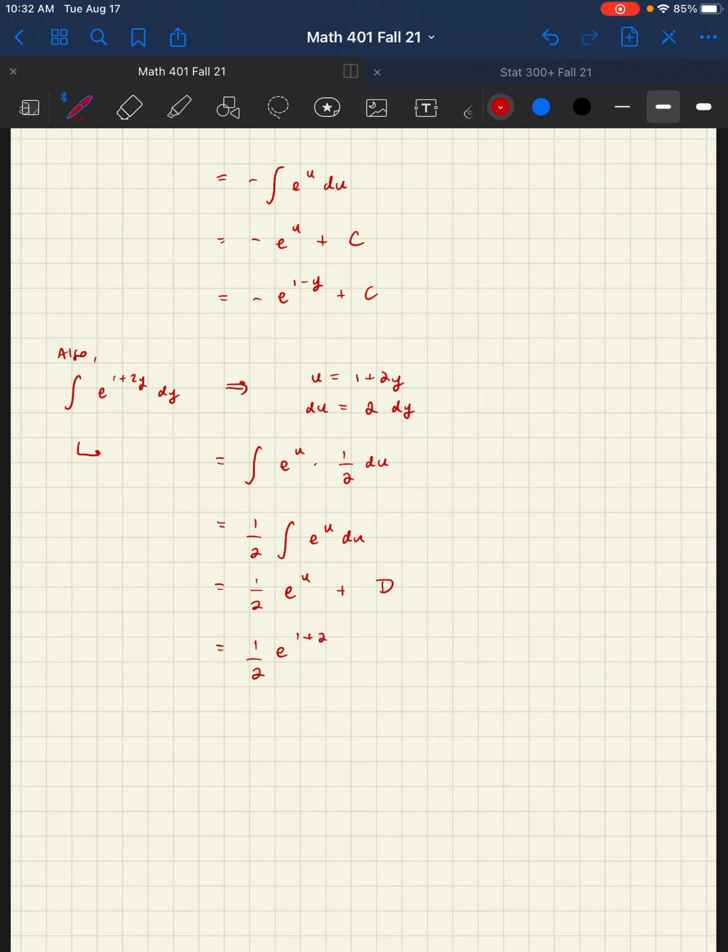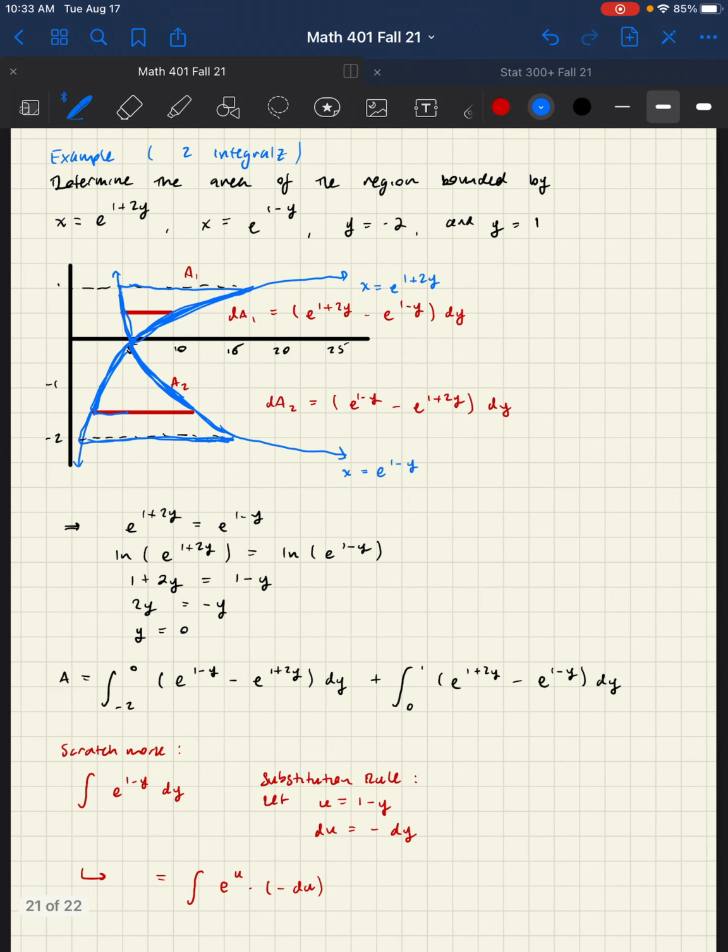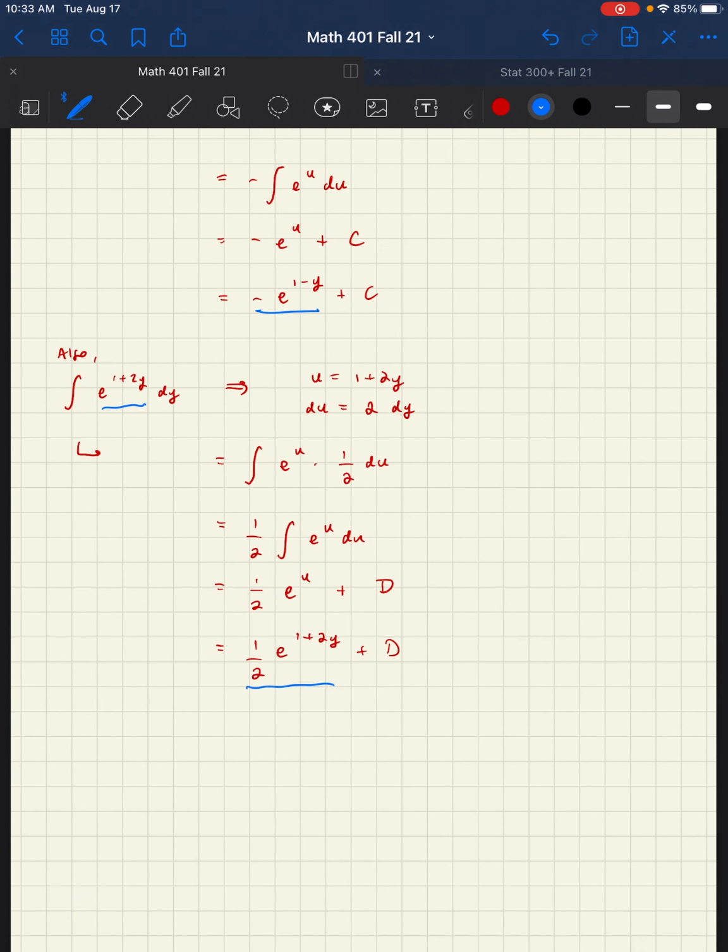So it's going to be 1/2 e to the 1 plus 2y plus capital D. Okay, so this is the important part here. When you integrate this, it becomes this. And when you integrate this, it becomes this. So not too bad. All right, back to it.